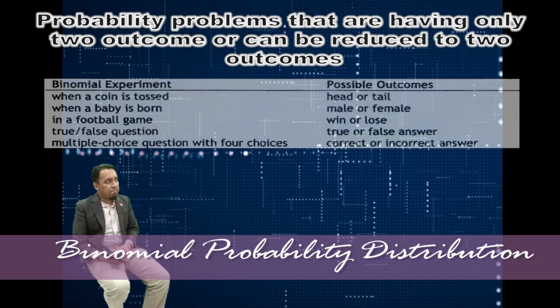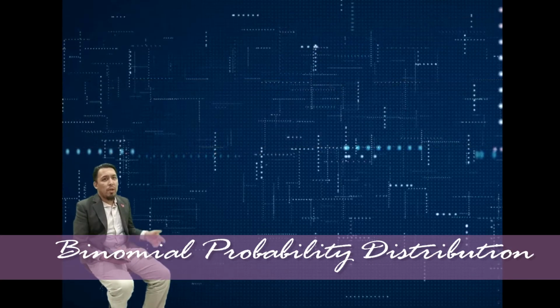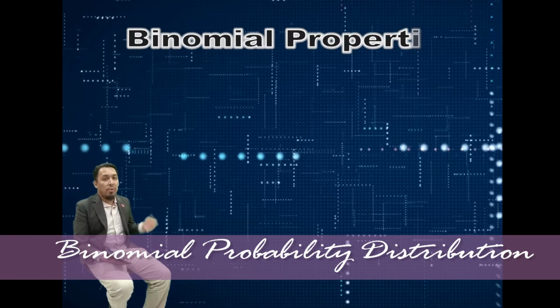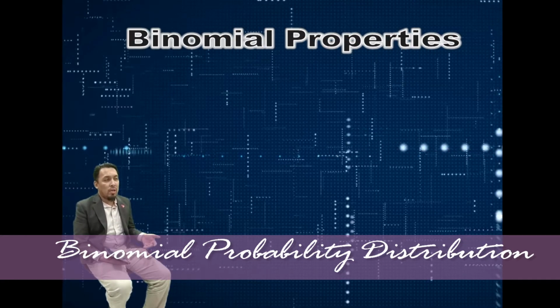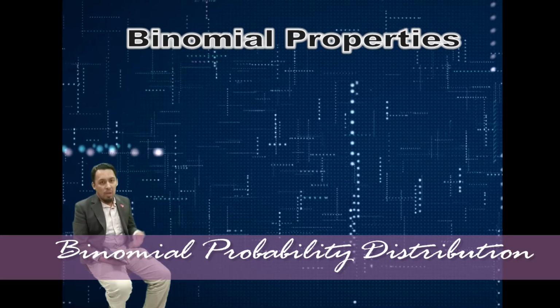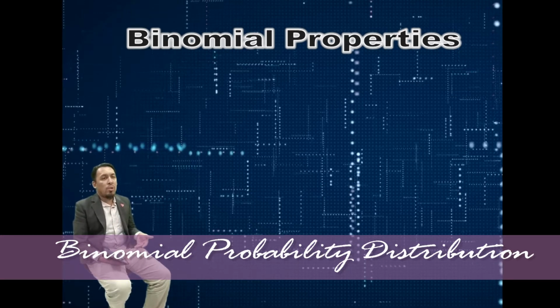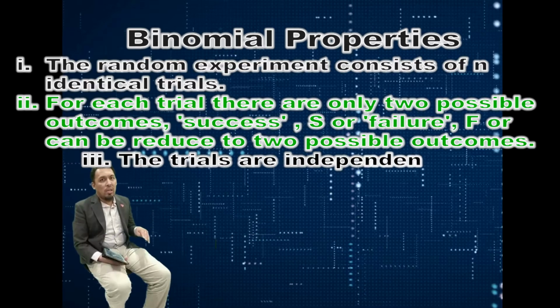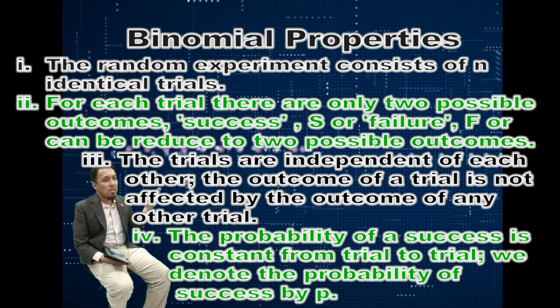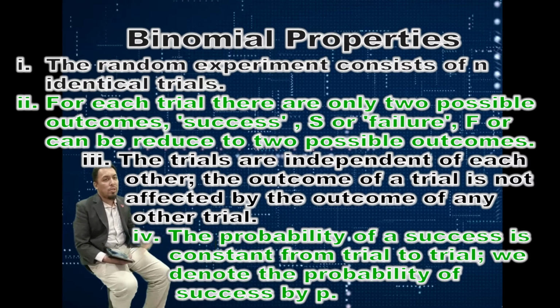So for an experiment to be identified as binomial, we can't just refer to the outcomes. Actually, we'll need to also make sure that it fulfills all of these properties. So we have four properties that need to be checked.